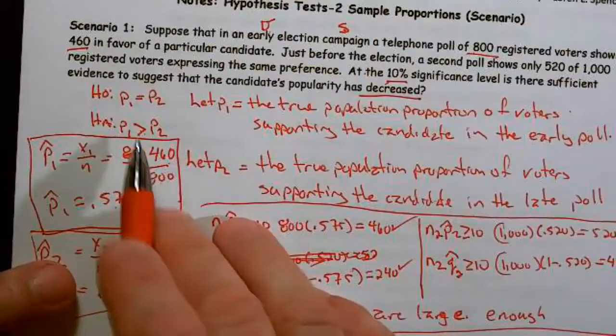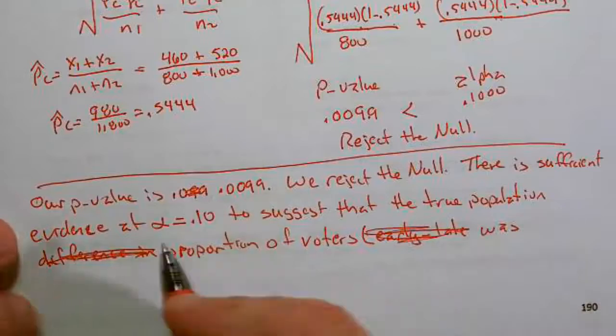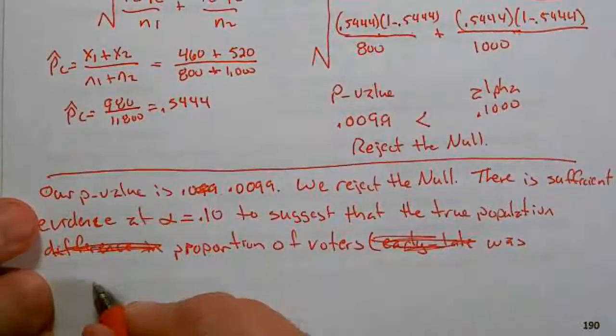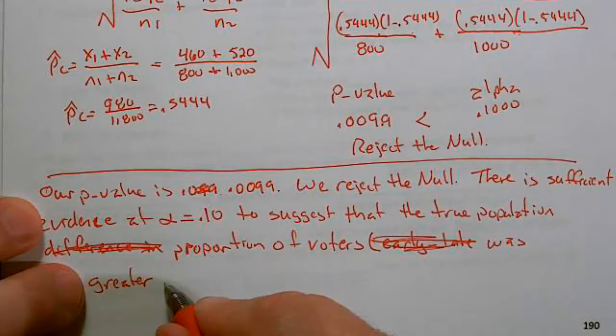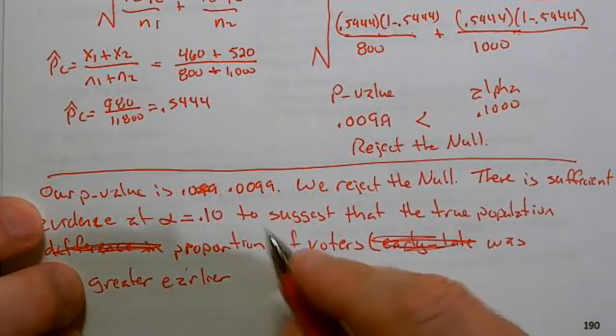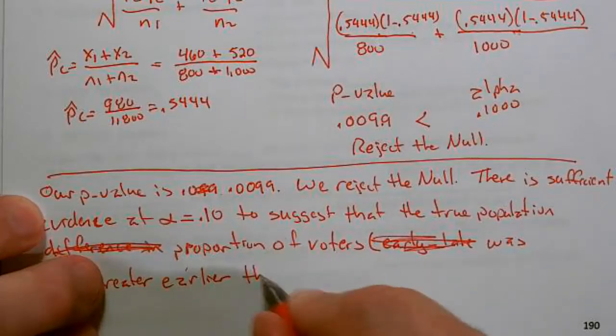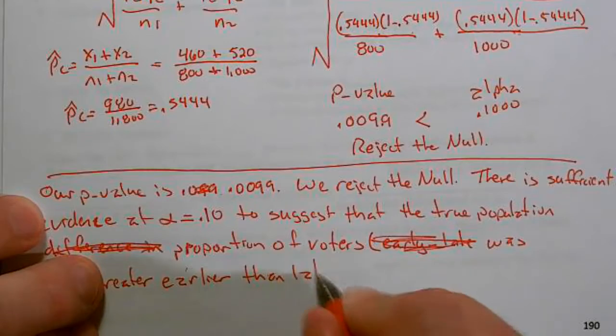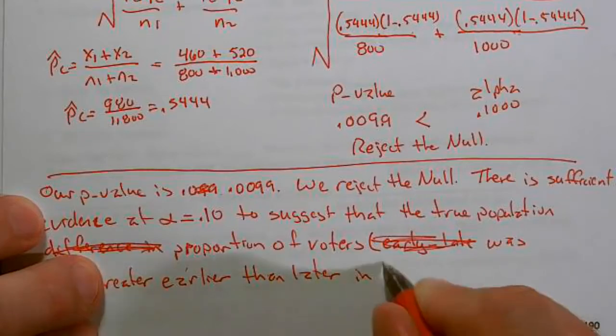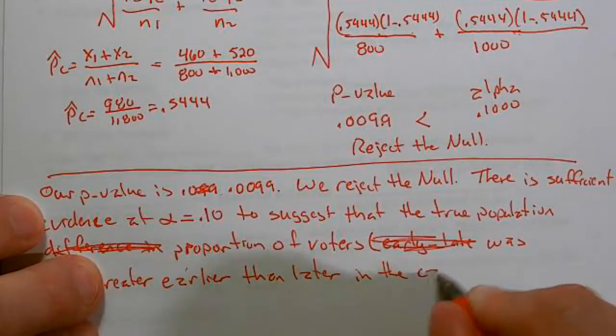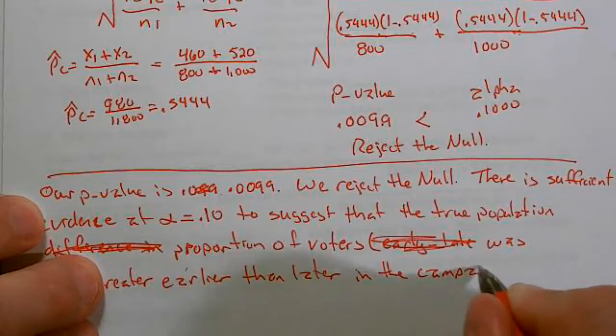Our alternative was a greater than. Was greater earlier than later in the campaign or in the voting.